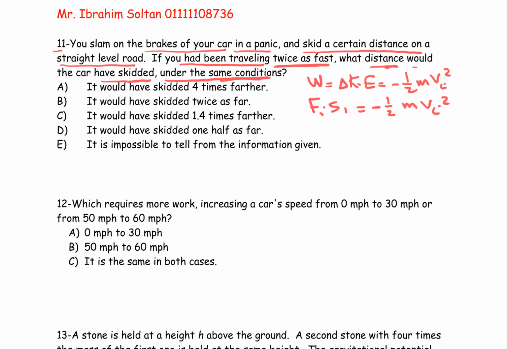Imagine you double the speed, so it is twice. Instead of v initial here, you will write 2 v initial squared times negative half m. Take 2 out here, 2 squared means 4 times negative half m v initial squared, right?